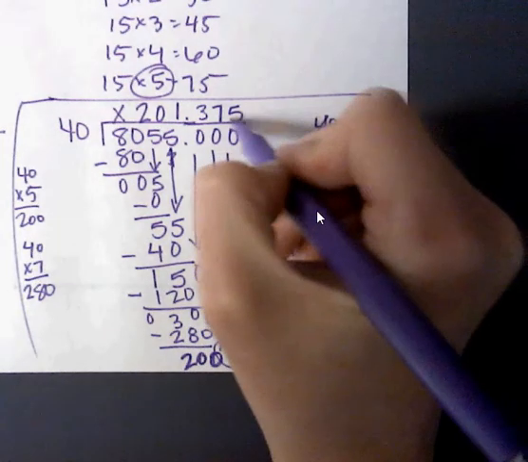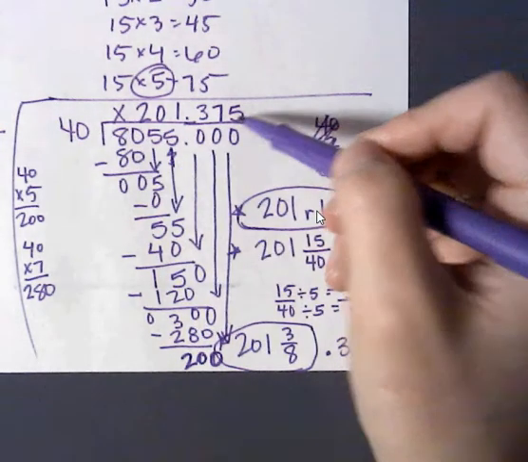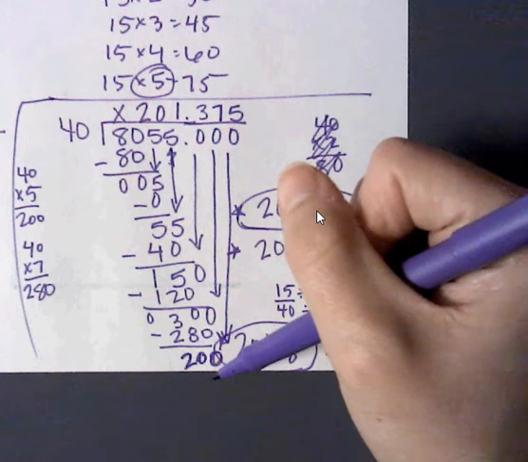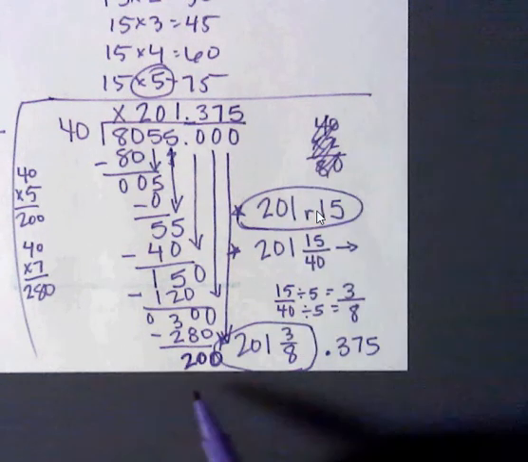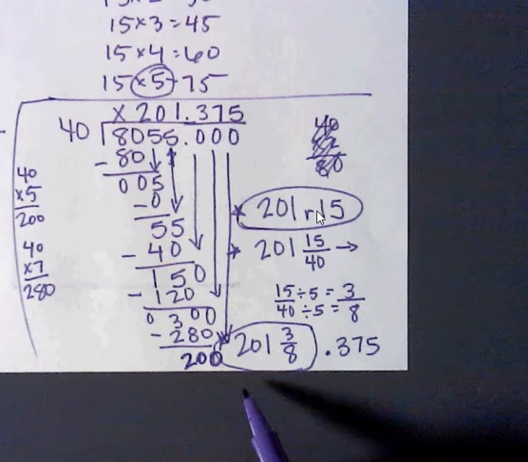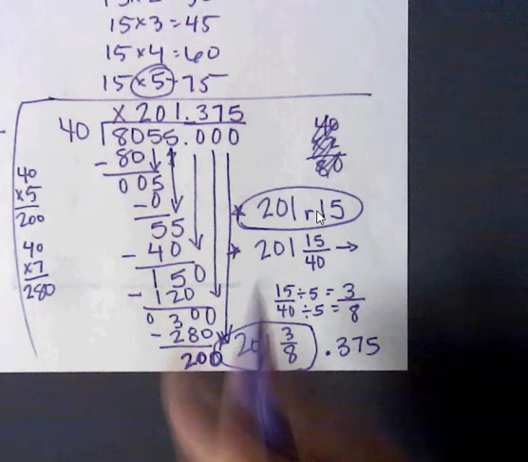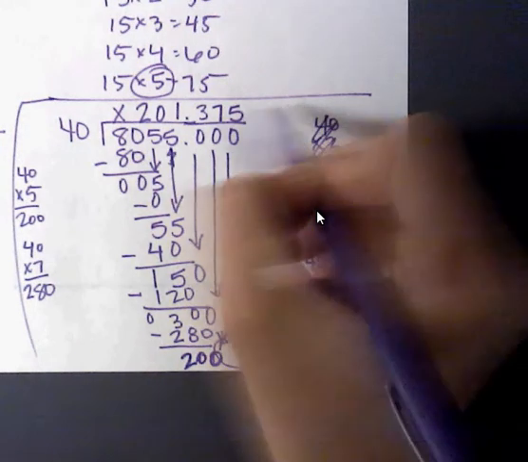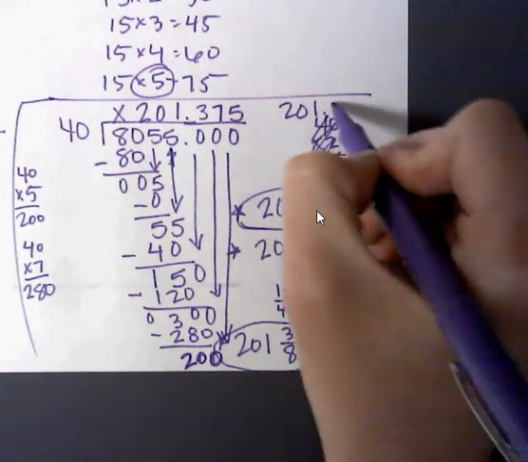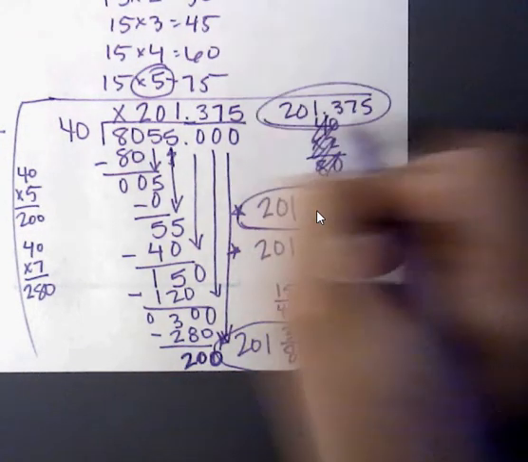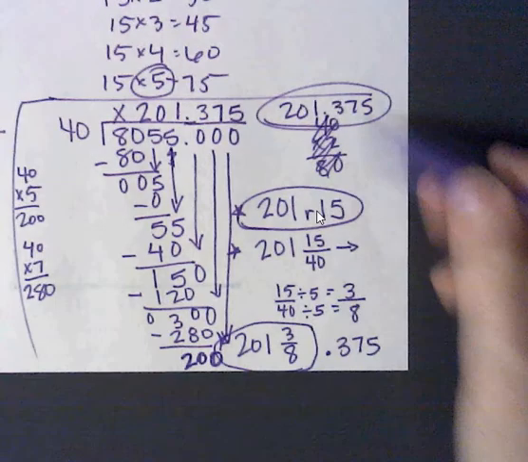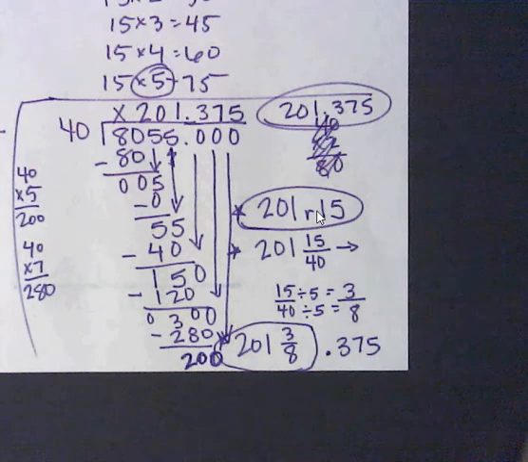So I'm going to add my 5 at the top. 40 times 5 is going to give me 200. And so ultimately, I would come down here and write 200 and subtract it. But because I know it's going to even out, I don't need to go any further. And this is going to give me 201.375 as my answer. So here's an option, and here's an option.